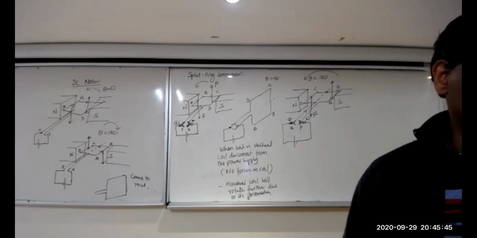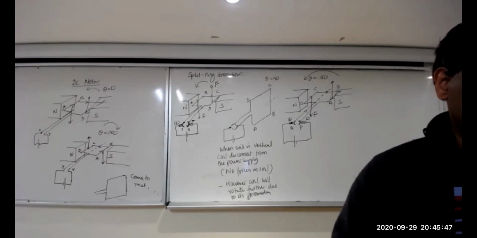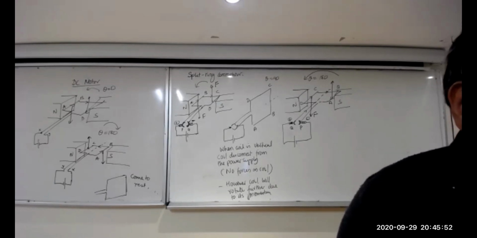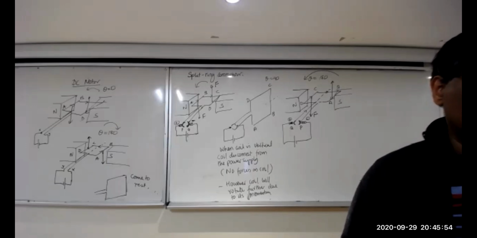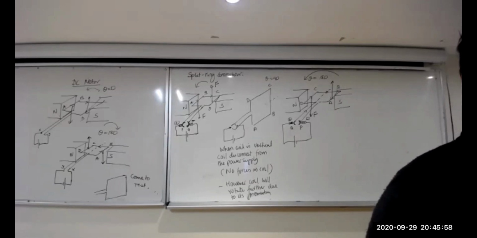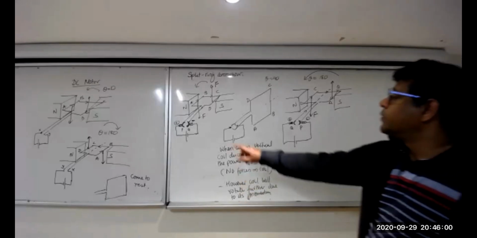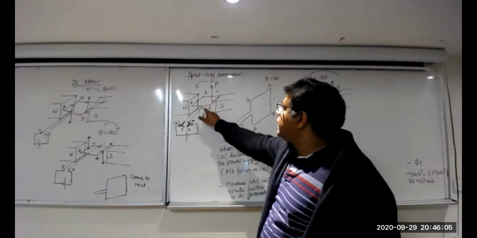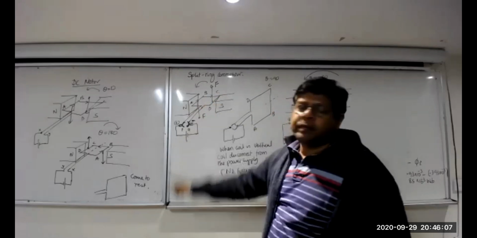Yes, there is no force because momentarily it disconnects from the power supply. The force is always constant on the two sides of the coil. These forces always stay constant because they see the magnetic field as always perpendicular.